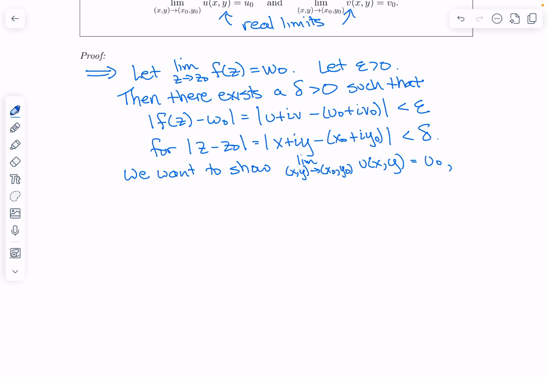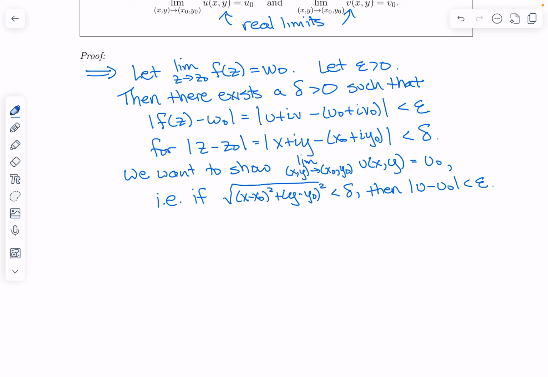What does that mean? That means that if the distance of x, y to x0, y0 is small, so that's actually the square root of x minus x0 squared plus y minus y0 squared, if that distance is less than delta, then the distance between u and u0 is less than epsilon.